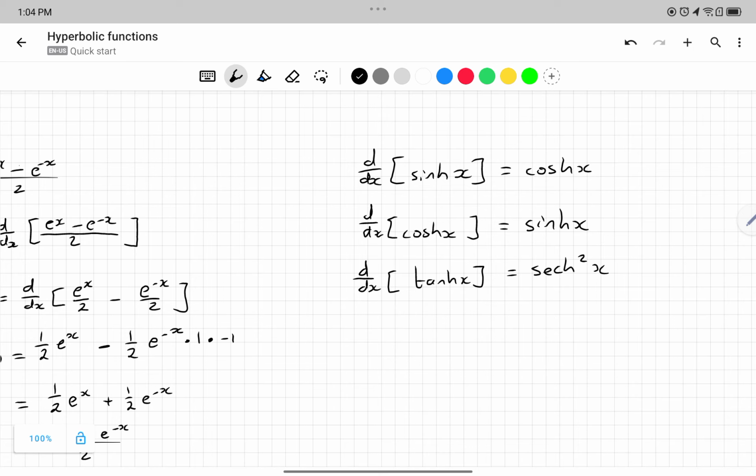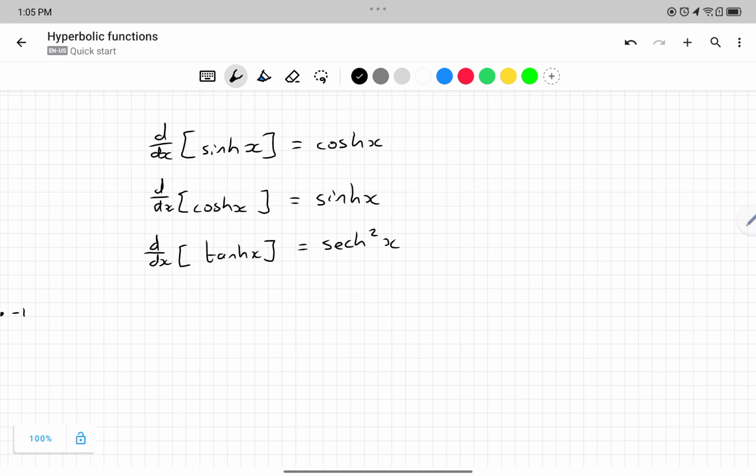Remember, when you are showing that it's hyperbolic secant x squared, you don't put the squared before the h. You put the squared after the h. If that makes sense. I think it should make sense.